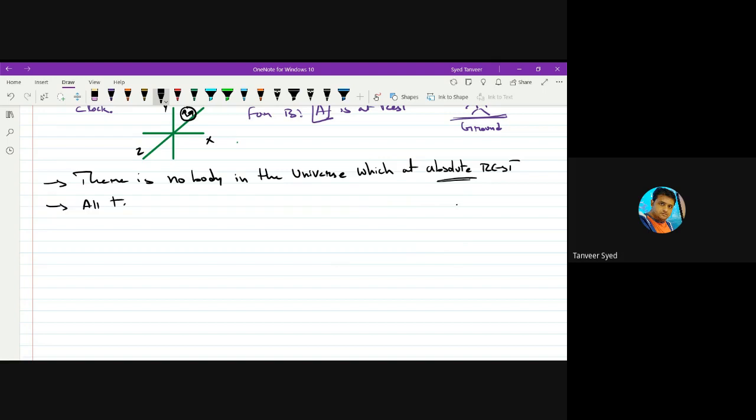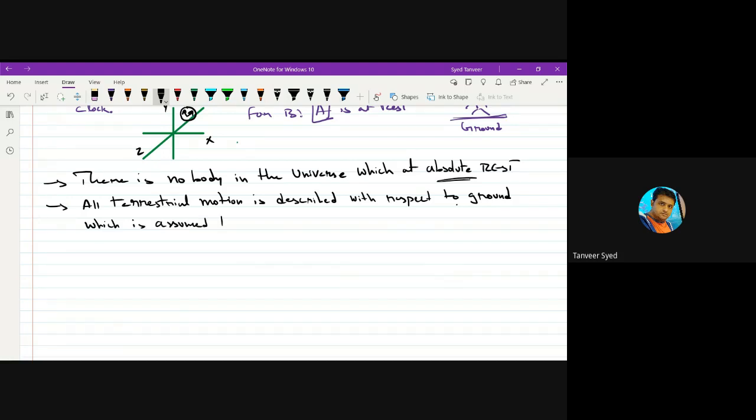So all terrestrial motion is described or studied with respect to ground or Earth, which is assumed to be stationary.